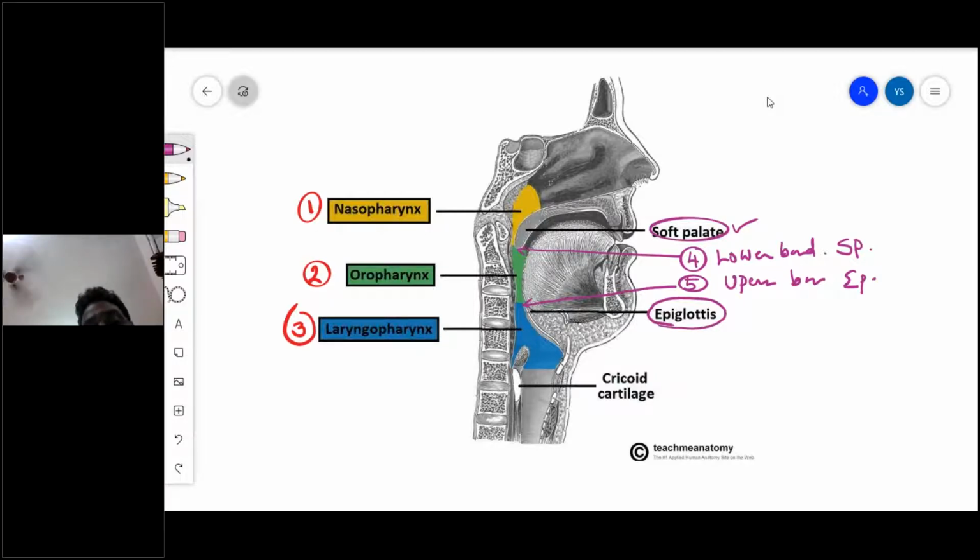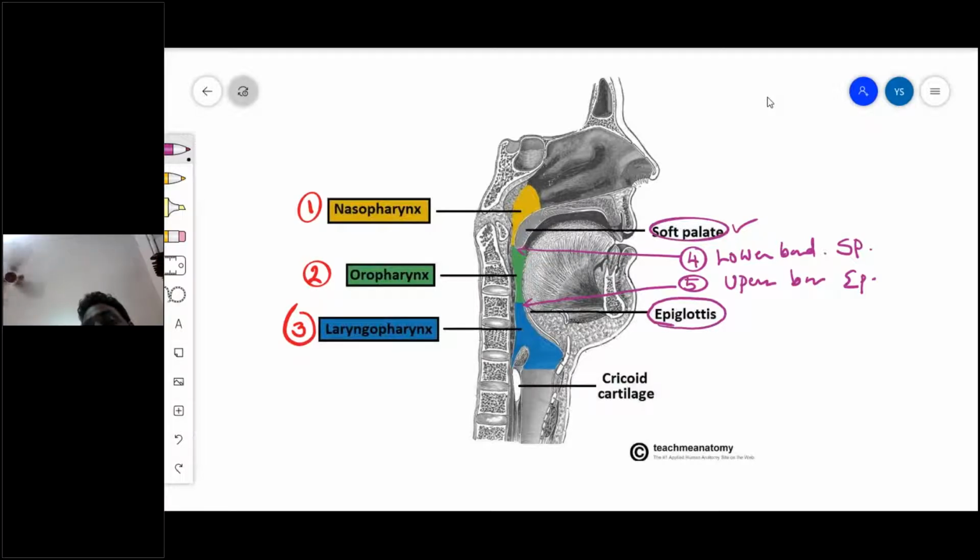For example, nasopharynx extends up to the lower border of the soft palate. Oropharynx is present between the lower border of the soft palate and the upper border of the epiglottis.